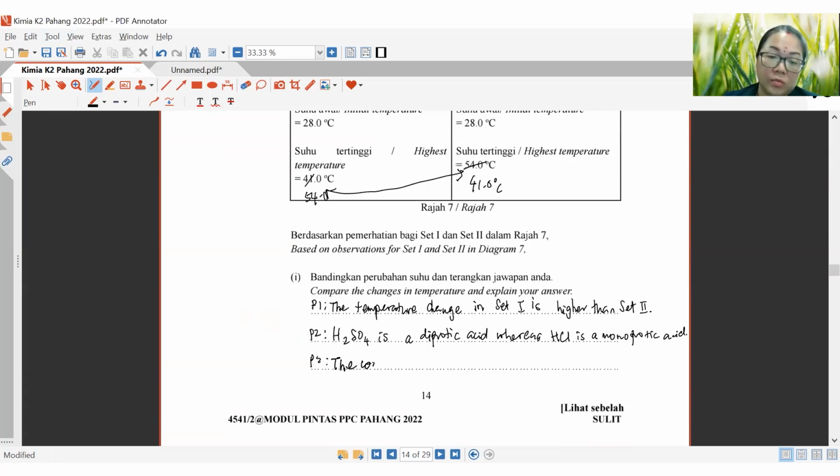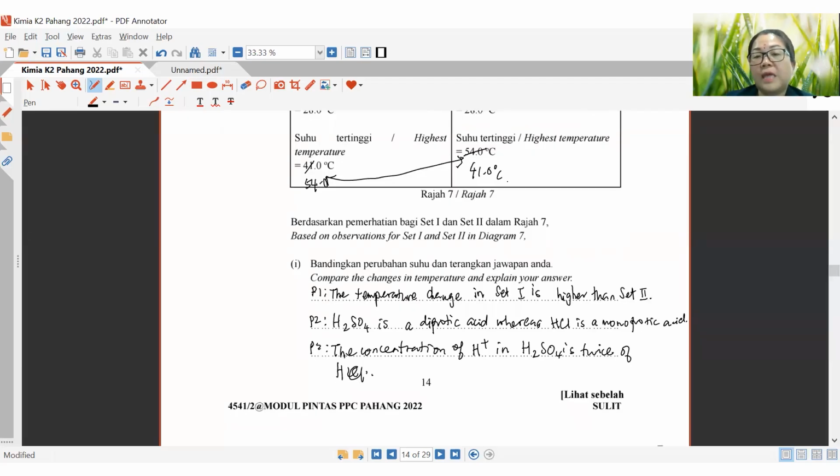So the concentration of hydrogen ions in sulfuric acid is twice of hydrochloric acid. Okay, so these are the 3 points. So besides thermochemistry alone, you definitely need to be well versed with your acids and bases when it comes to the neutralization part.